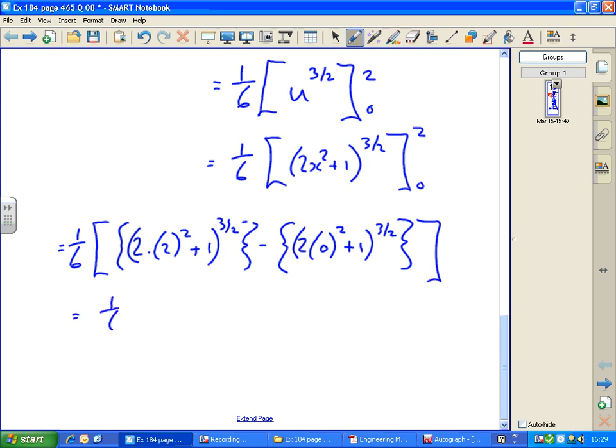Simplifying before we put it into the calculator, 2 squared is 4 times 2 is 8, 8 plus 1 is 9 to the 3 over 2 minus 1 to the 3 over 2, which is just 1.